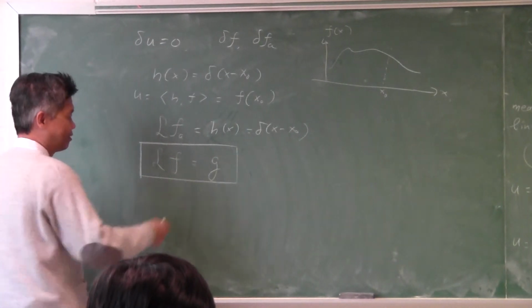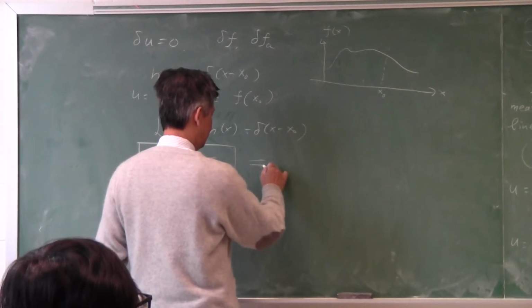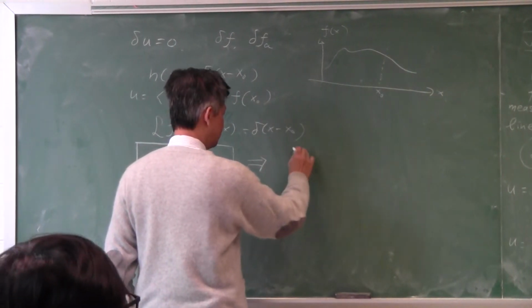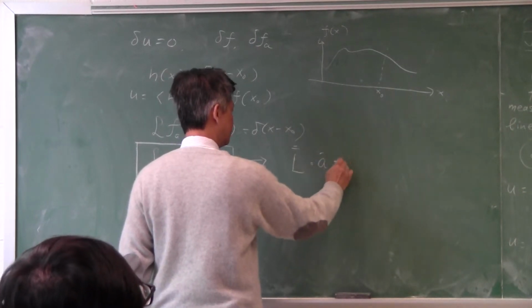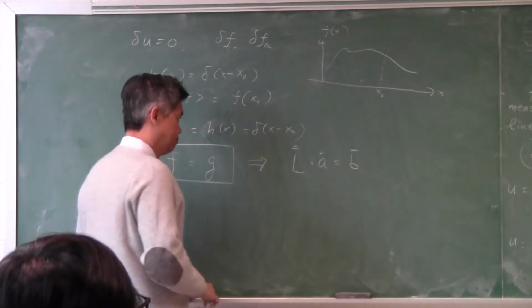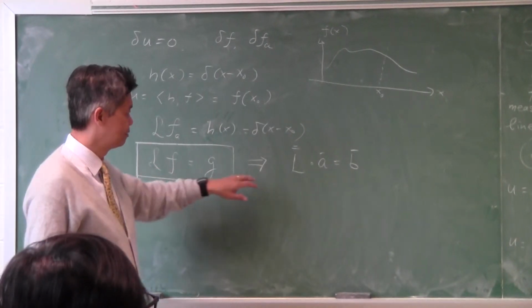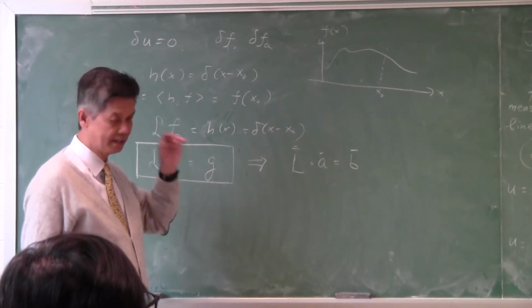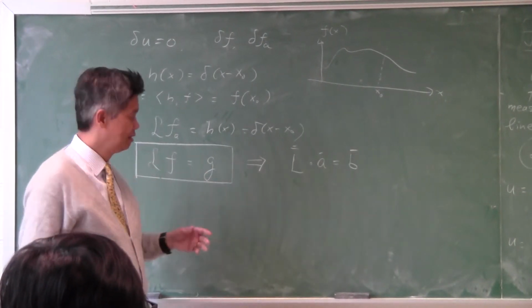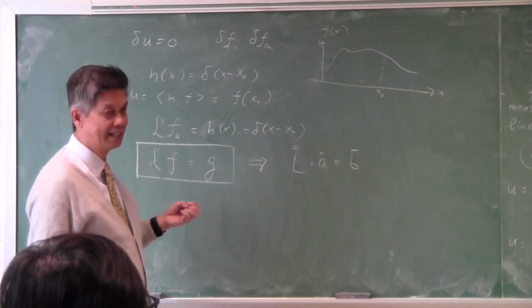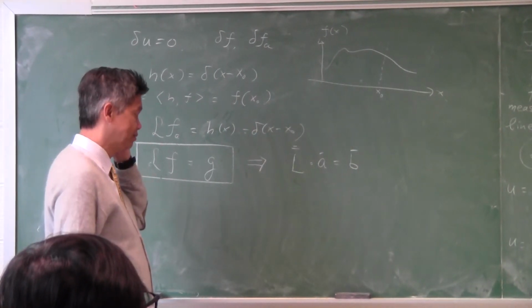Okay. We know how to convert this into a matrix equation in a straightforward fashion, by just using expansion and testing. We expand the solution in terms of a basis set, we test this equation with a weighting function, and then we obtain this equation. But the variational expression will give you a guide as to how to do the testing and how to do the expansions correctly.